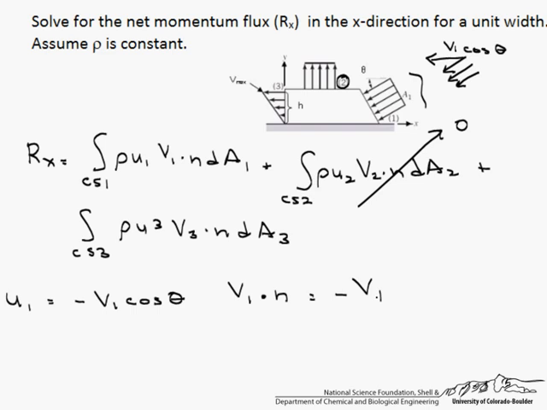Since our velocities are not a function of any part of the area, we can take everything out of the integral, and our first term is going to be rho v1 squared, the two negatives make a positive, cosine of theta times A1.